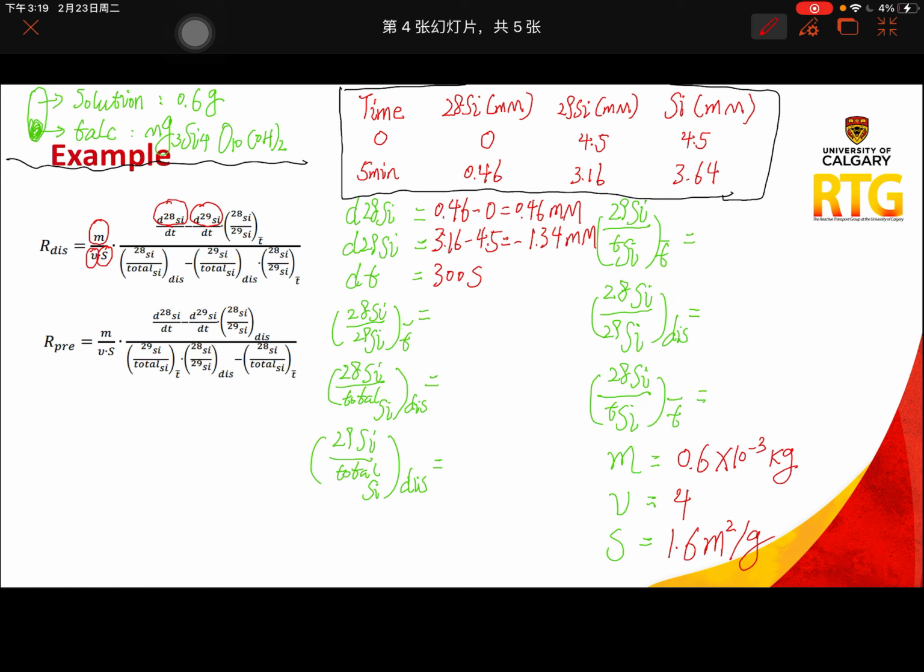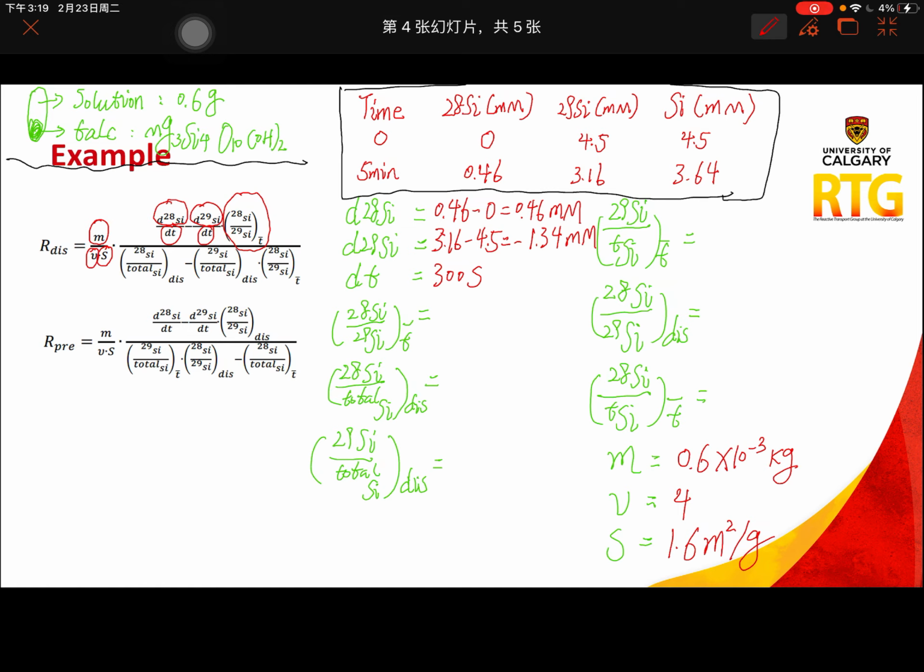And the 28 over 29 in the solution at the middle term can be depicted as follows.